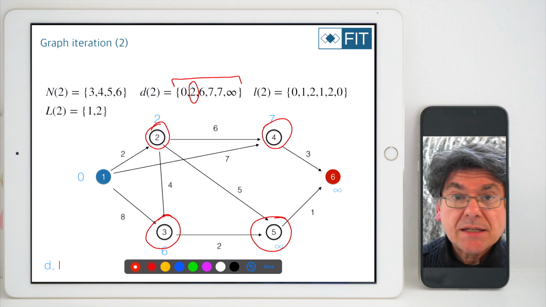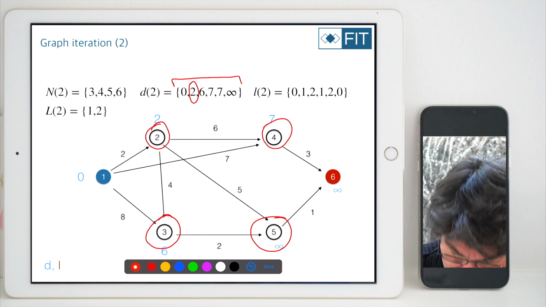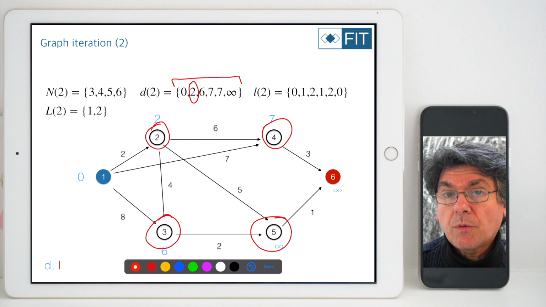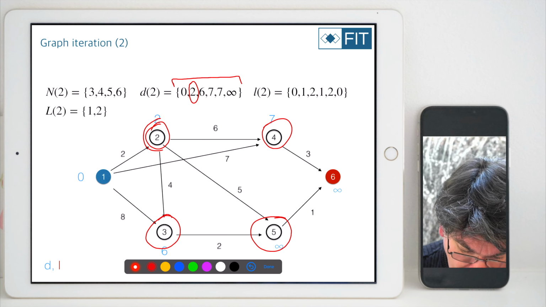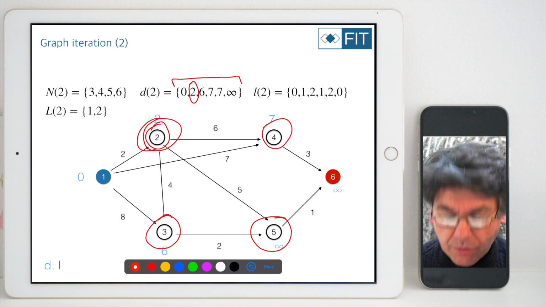Node 6 is not a next door neighbor, so we don't get to it yet.